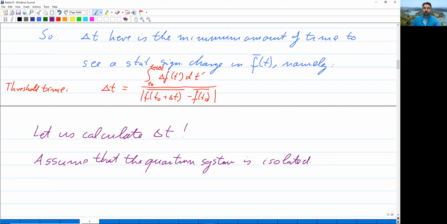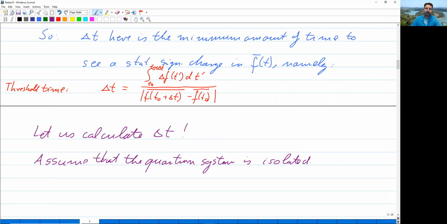So we leave the quantum system alone, we are not messing with it. Why do we make that assumption? Well, if we don't make that assumption, then anything goes, because you could just dramatically interfere with your system. Your system wants to do its own thing, but you hit it with a hammer. And then, of course, observables will change very quickly what their mean values are. So there's really nothing you can say if you allow yourself to mess with your system in arbitrary ways.